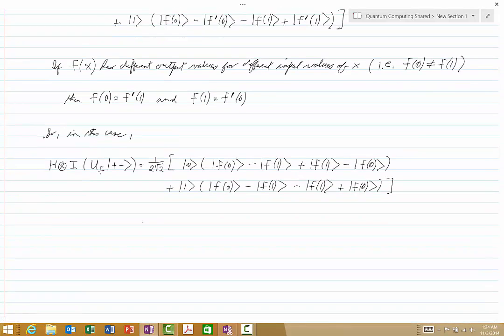And if you look at that for a moment, you will realize that all the terms here in the first parentheses, we have plus f of 0, minus f of 0, plus f of 1, minus f of 1, so that all goes away, and we're left simply with 1 over 2 times the square root of 2 times 1, and then here in this parentheses we get f of 0 and f of 0, so 2f of 0 minus 2f of 1.